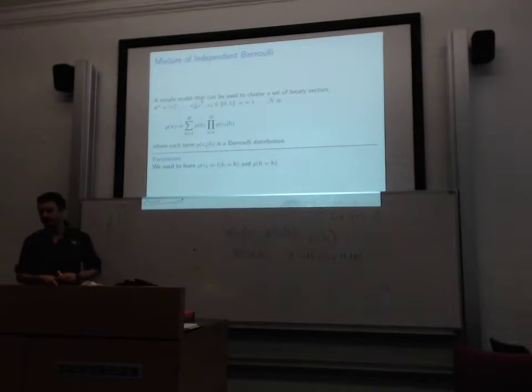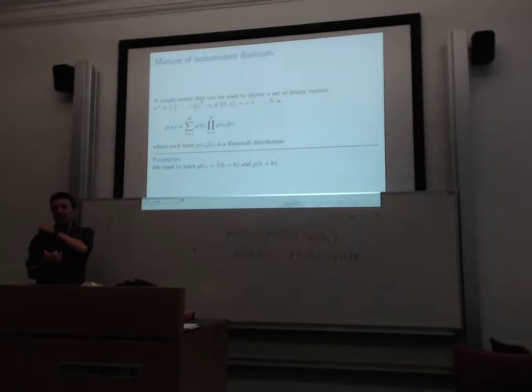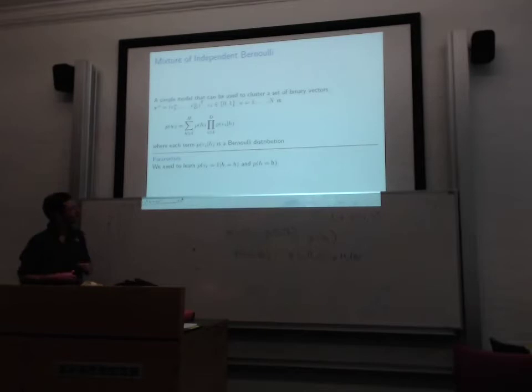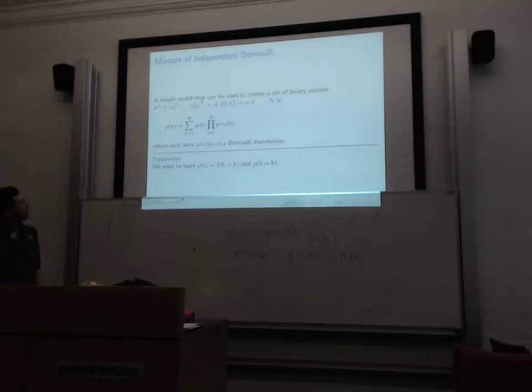One way to do that is to use a simple mixture of independent Bernoulli distributions. What do I mean by that? D is going to be, say, 10,000, our number of products in the catalog, and N is our customer index. V is going to be a binary vector for the nth customer.